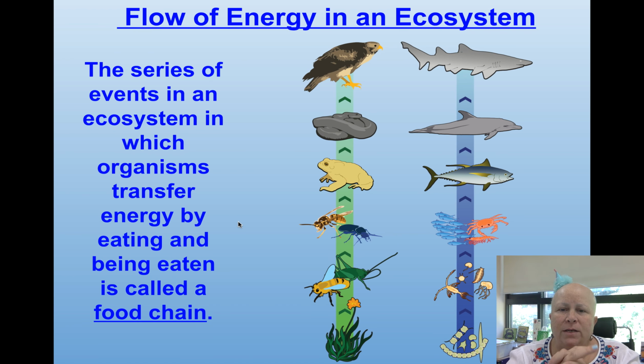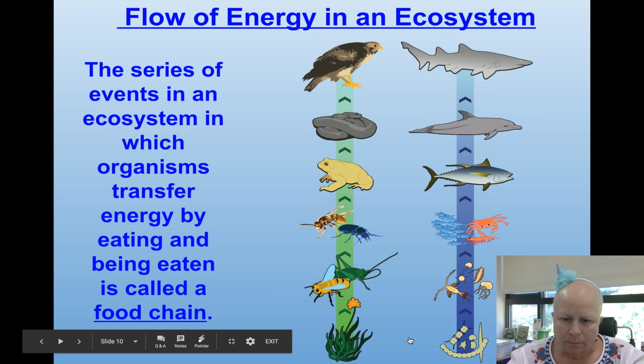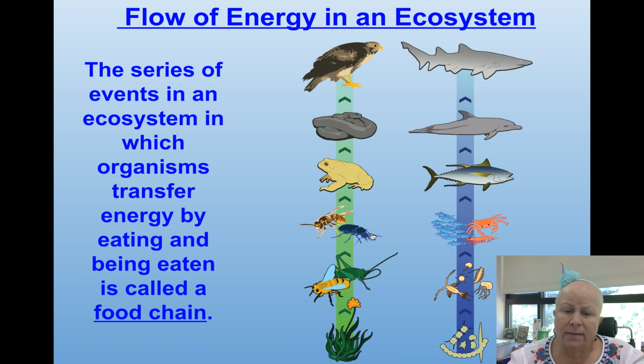So a food chain is just the series of events in an ecosystem in which organisms transfer food energy by eating and being eaten, and that's called a food chain. Okay, so for example here, if you start with a plant, say at the bottom of this terrestrial ecosystem food chain, and then there are insects that feed on that plant, and then there are larger insects that feed on those insects, and then maybe you have a type of frog that eats those insects.